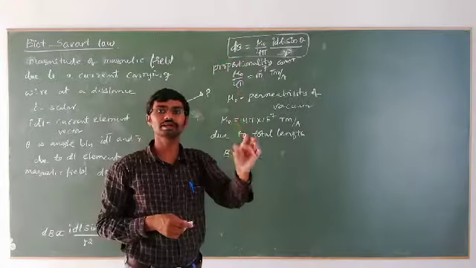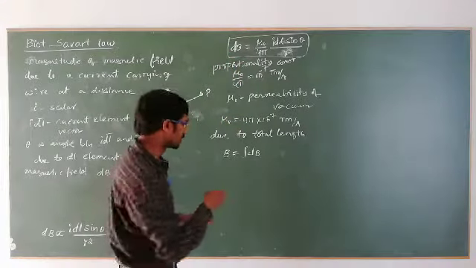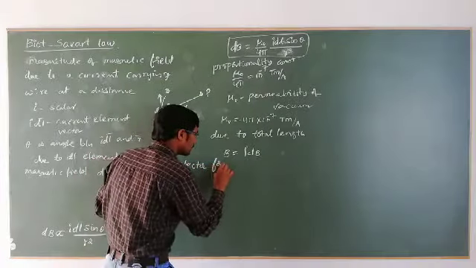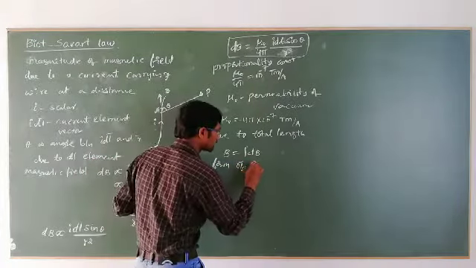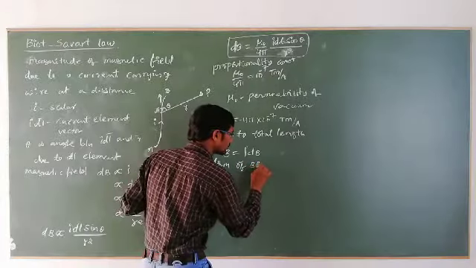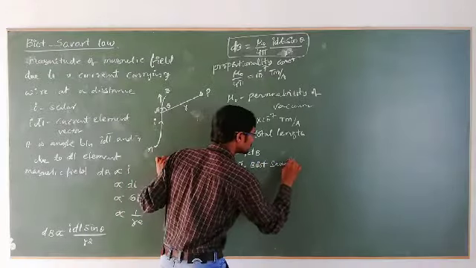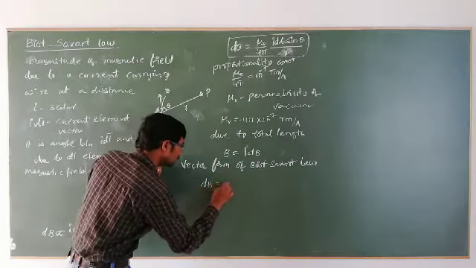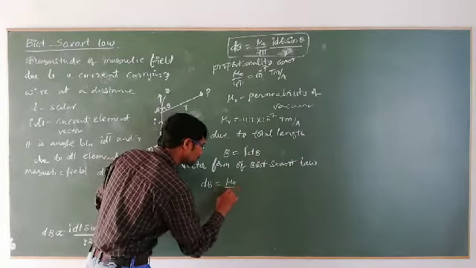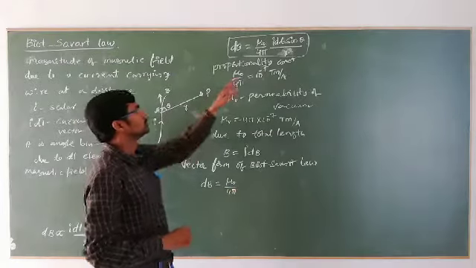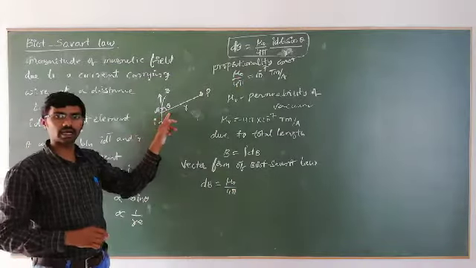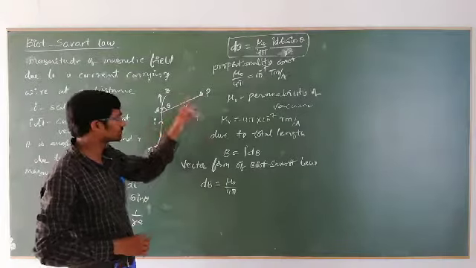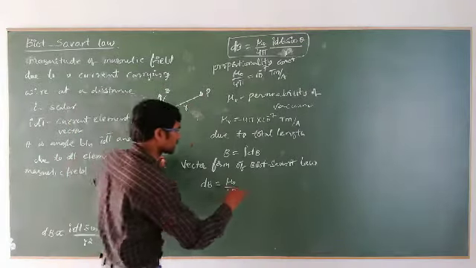Then what would be the vector form of the Biot-Savart law? Let me write here the vector form of the Biot-Savart law. Look at this: dB is equal to mu naught by 4 pi, if r cap is a unit vector which is in the direction of r. So what you can write?